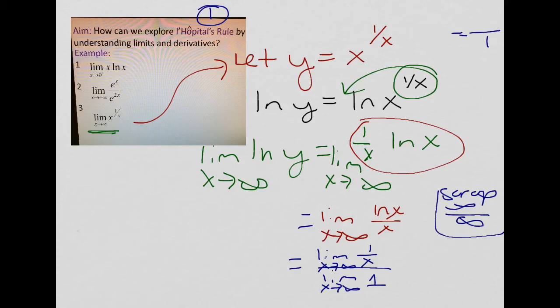And for the numerator, think of 1 over x as x approaches infinity. We should know our common functions. It gets closer and closer to the x-axis, we get an answer of 0. So for this particular problem, it simplifies to 0.